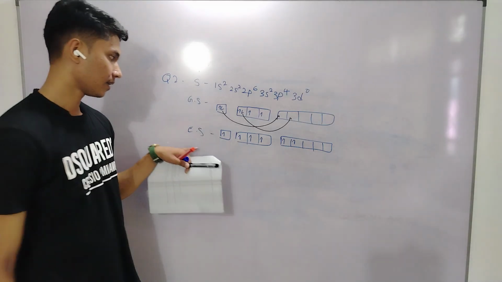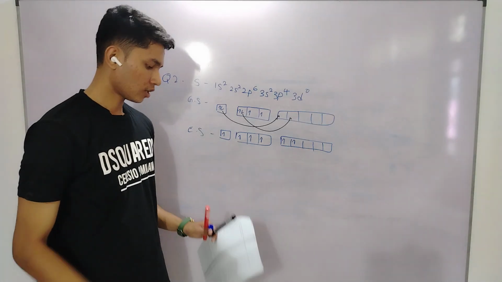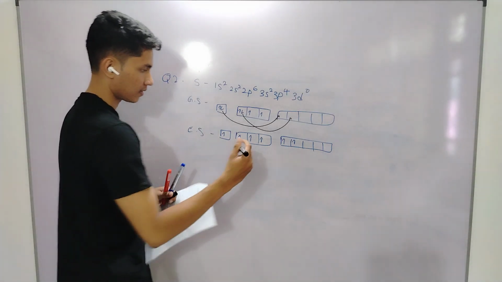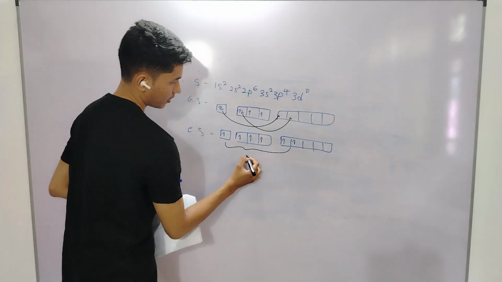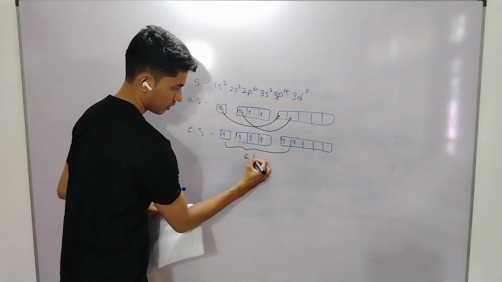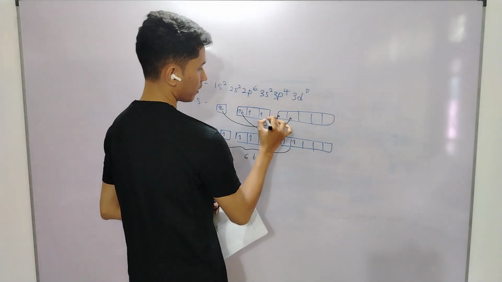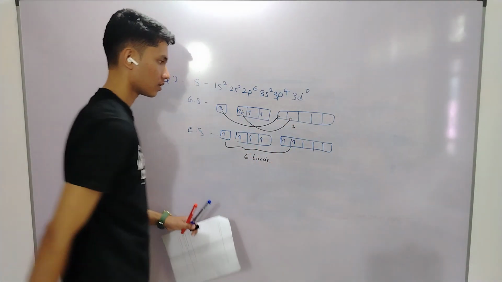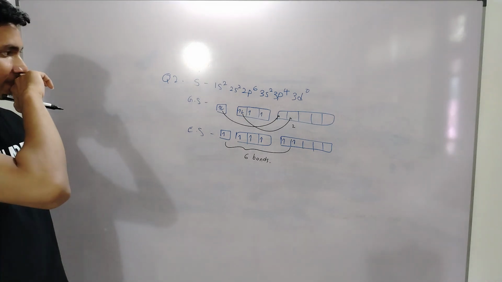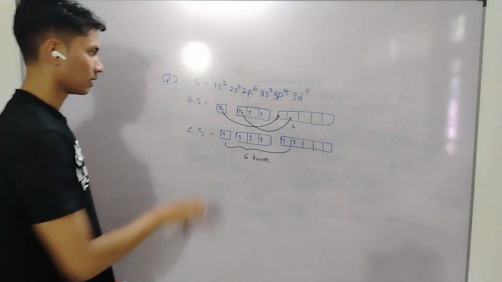In the excited state, it can form 6 bonds in total, because it has 6 lone electrons. In the non-excited state, it can form 2 bonds.